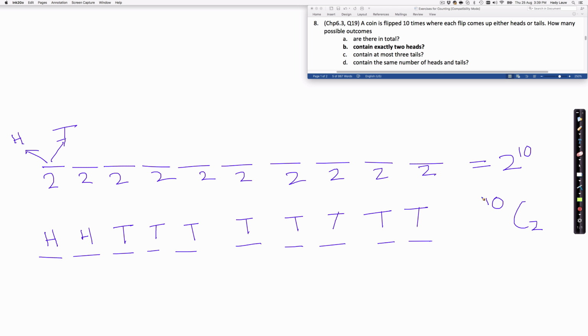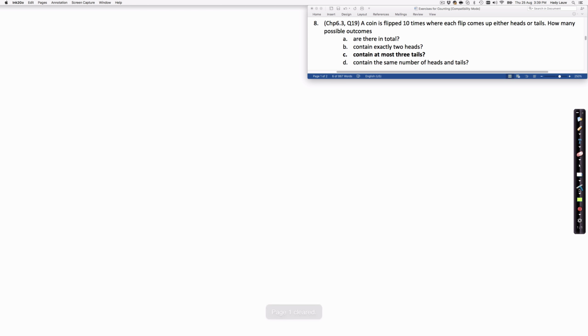Alright, now we go on to 8C. In the case of 8C, it says that we can contain at most 3 tails. Which means that at most 3 tails can have several possibilities.